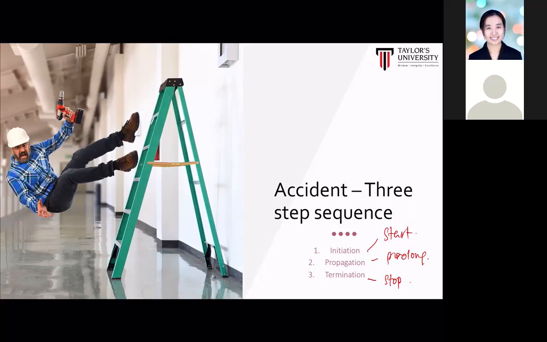But what started it? Maybe a simple thing, someone smoking at the petrol kiosk started the fire. So how do we prevent this from happening? Wherever you go in a petrol kiosk, they always say do not smoke.